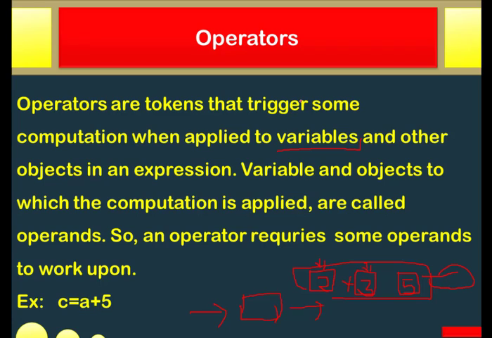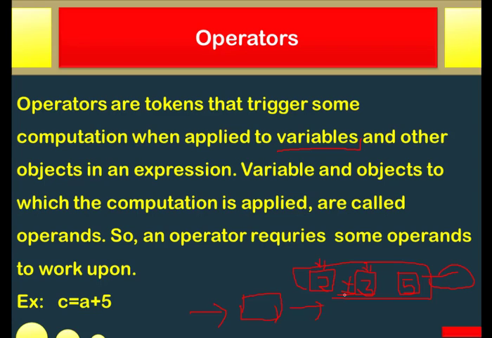Now we are talking about operators. What is an operator? Let's say we want to add these two numbers, and these are stored in some variables. This plus sign is an operator. It is a symbol that is used for some computation.